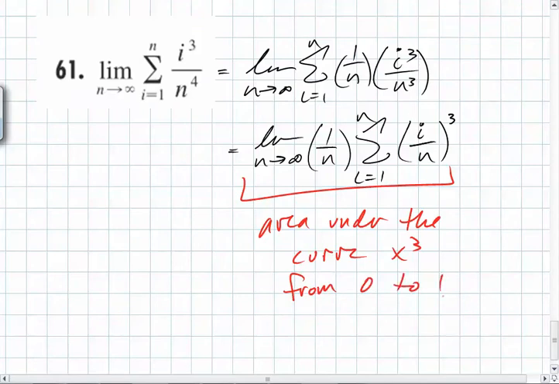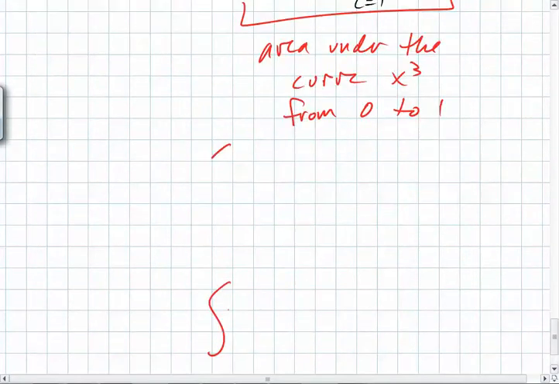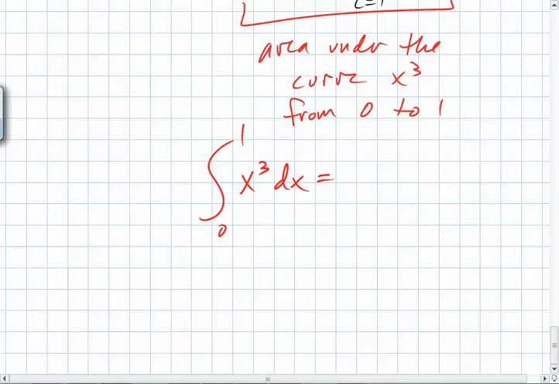Do we have a different way of writing Riemann sums? The integral from 0 to 1 of x cubed. Can you do that out in about 30 seconds? What's the antiderivative of x cubed? 1/4 x to the fourth, from what to what?